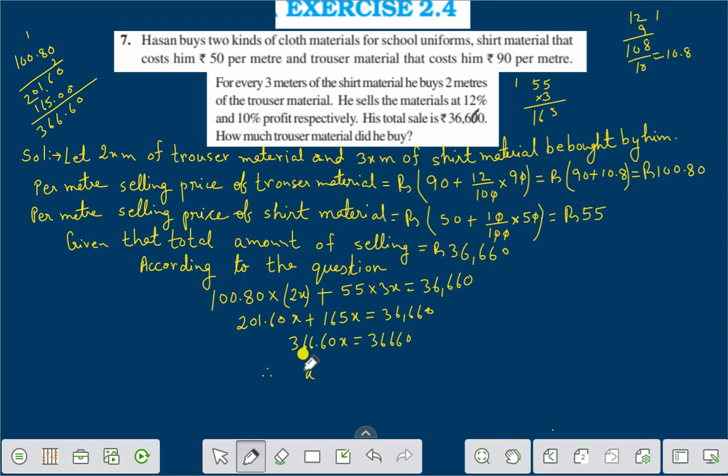Therefore, the value of x: if we divide both sides by 366.60, we get x is equal to 36,660 divided by 366.60, that is 36,660 divided by 366.60.